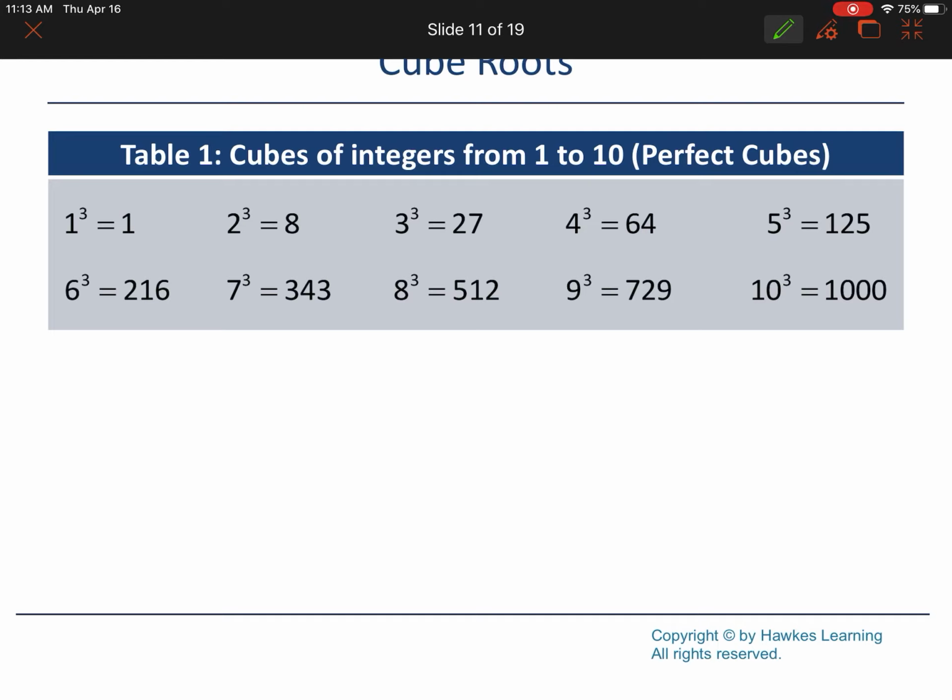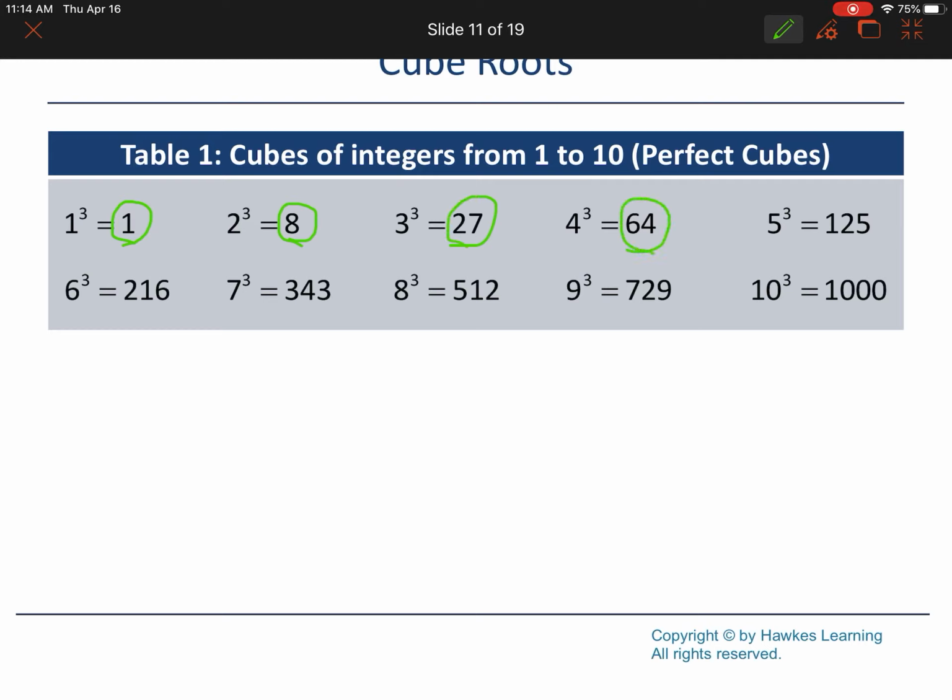So squares are not the only ones we can talk about with these radicals. If I did cubes, here are the perfect cubes, right? Maybe you recognize some of them. Of course, 1 is also a perfect cube, because 1 cubed is 1. And 2 cubed is 8. And 3 cubed is 27. And 64 is 4 cubed.